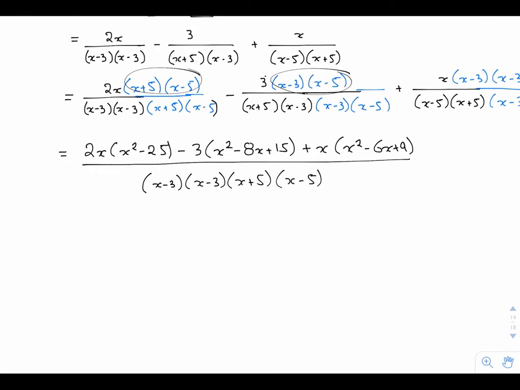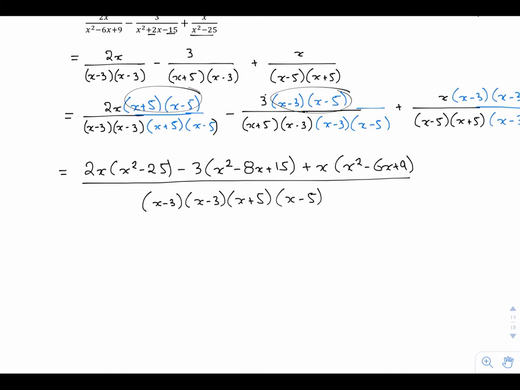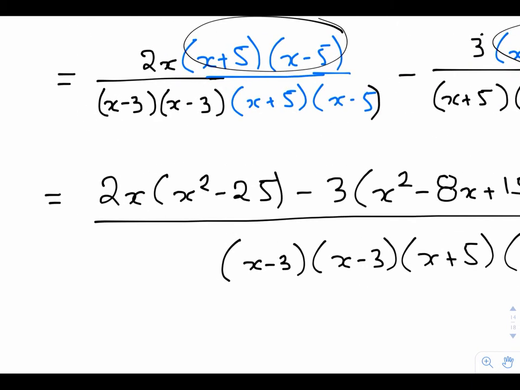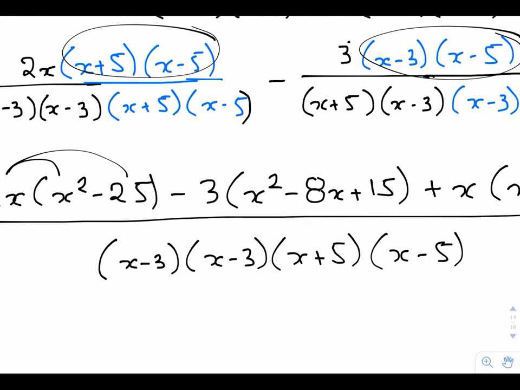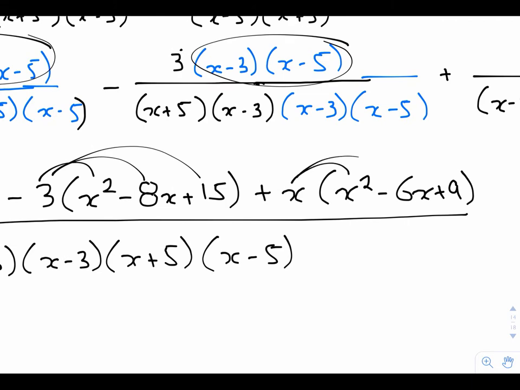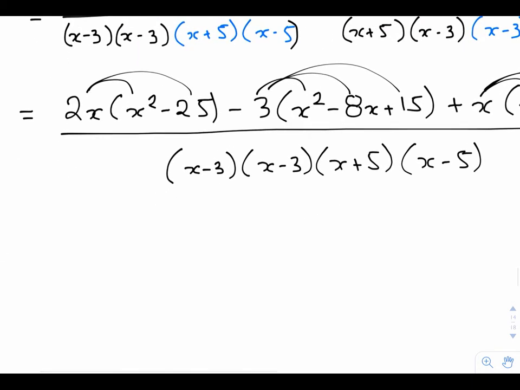Okay, things are tidying up. I think we have to continue our distributive action here. I'm going to bring this 2x in. The 3x will come in as well, and the positive x will come in as well. All three terms. So let's see what we get one at a time. So here I have 2x cubed minus 50x.